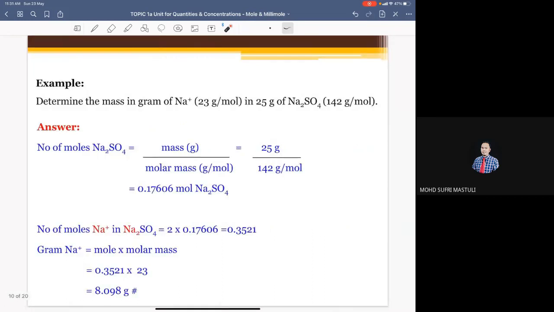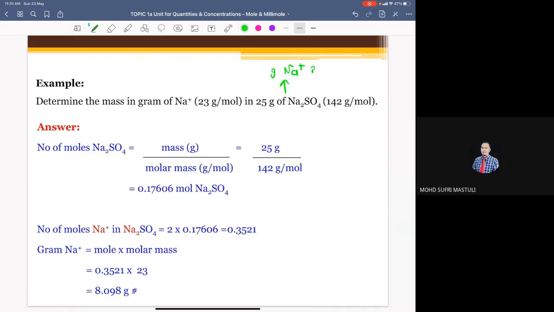Another exercise. Determine the mass in gram of sodium in 25 gram of sodium sulfate. It's asking you within this 25 gram of sodium sulfate, how many gram of sodium?